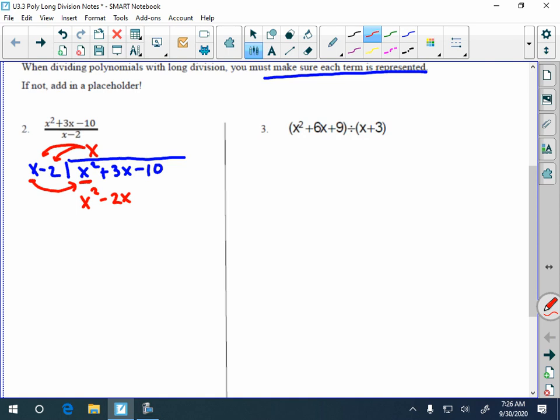When you carry it underneath, you want to make sure that you line up the correct exponents underneath their respective exponents. The x squareds are underneath the x squareds, and the x to the first are under the x to the first. Then, just like with regular division, we draw our line underneath and subtract.